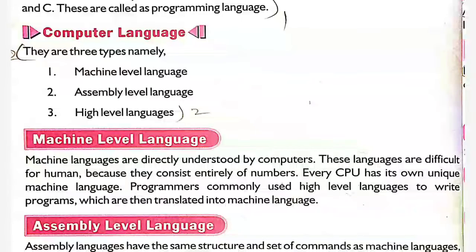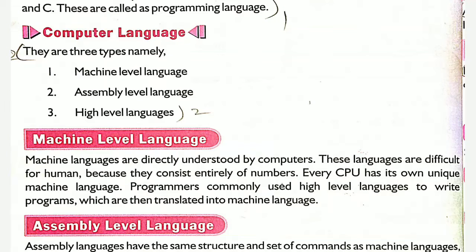So, there are three different types of computer programming language. First thing is machine level language, and second is assembly level language, and third is high level language. Okay, so what is meant by programming language is, this language is used to communicate with the computer or give instruction to the computer.